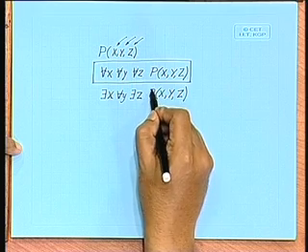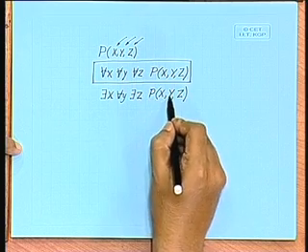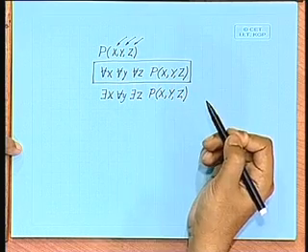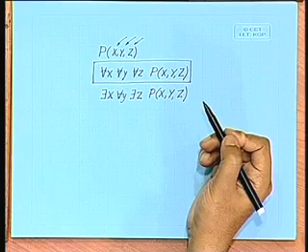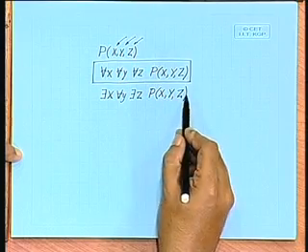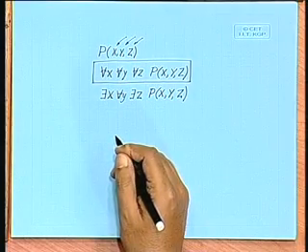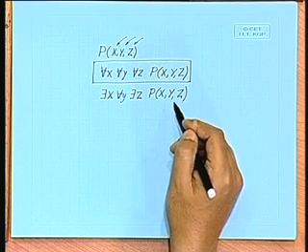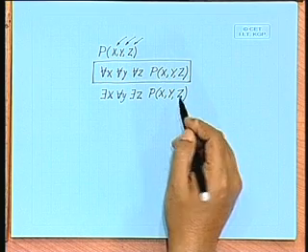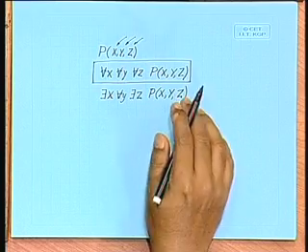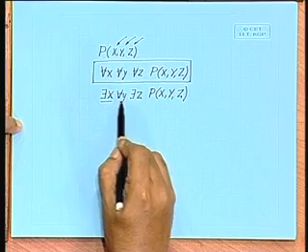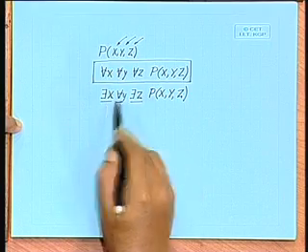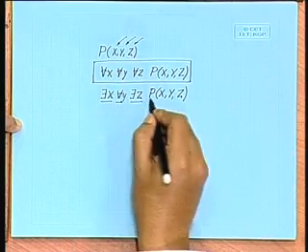P x y z has a truth value when x, y and z are instantiated to some values, right. So, p of Tom, Dick and Mary can have a truth value, right, but if you just leave them as person x, y, z without instantiating them to any value, then we cannot say whether that is true or not, right. But we can have these quantifiers, and we have two types of quantifiers, namely there exists and for all.